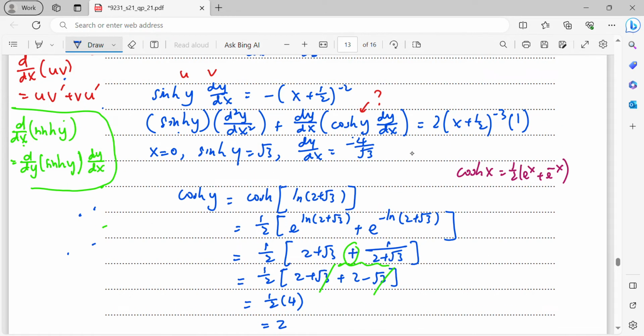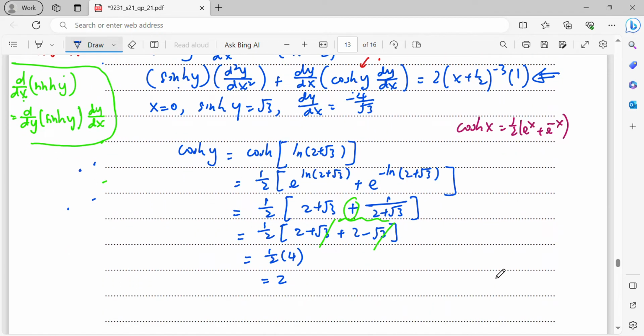Then you can just substitute into this expression and let the x be 0. So x equals 0. Sine y is square root 3. Then second derivative plus dy/dx is minus 4 over square root 3 from here. Then the cos y is 2 and another dy/dx. That equals 2 bracket.